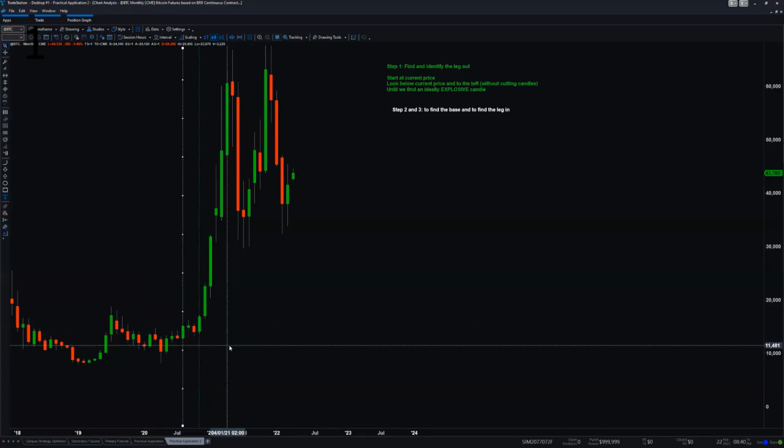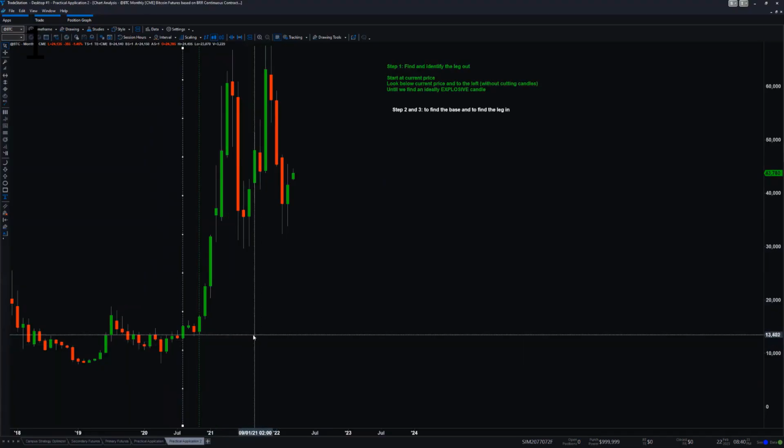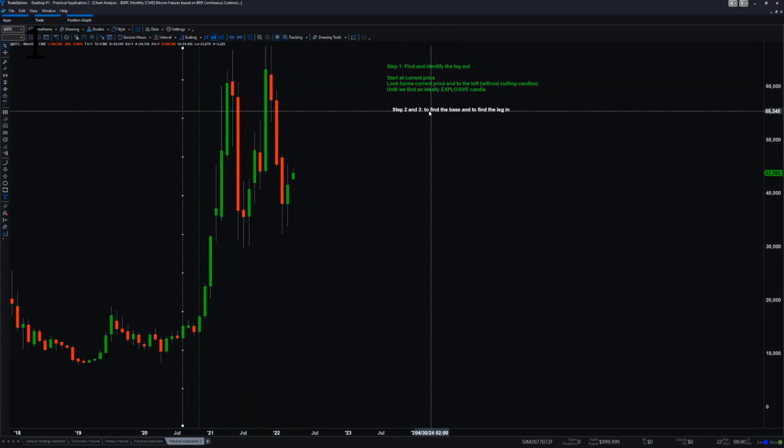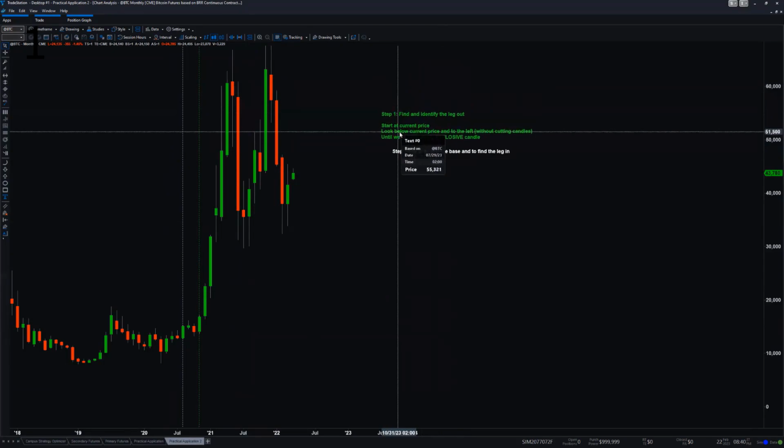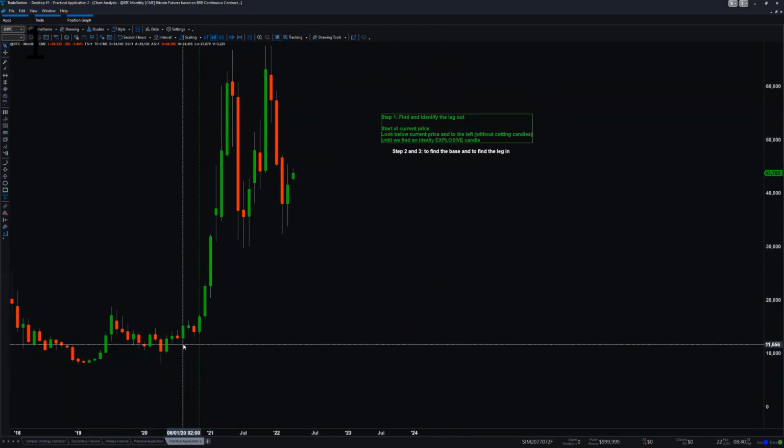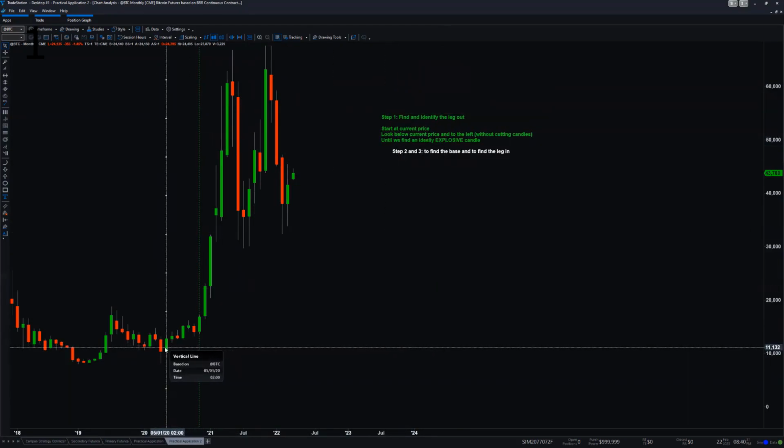Now you're seeing how I'm visualizing as well as being scientific. Most of the time, especially as you operate on higher time frames, there's not really a right or wrong, especially as it comes to the leg in part of the formation.